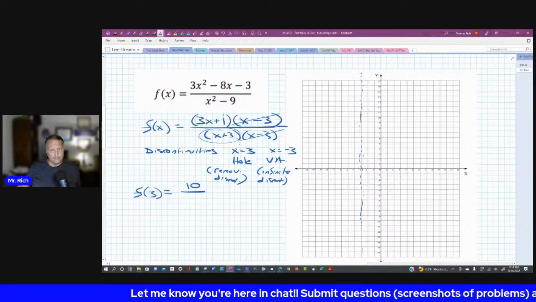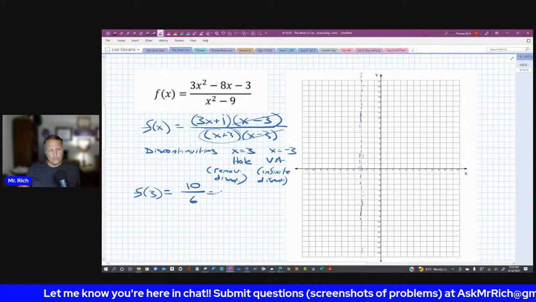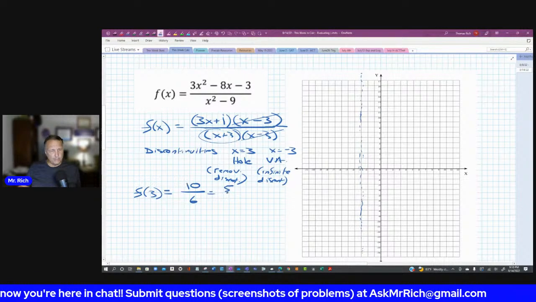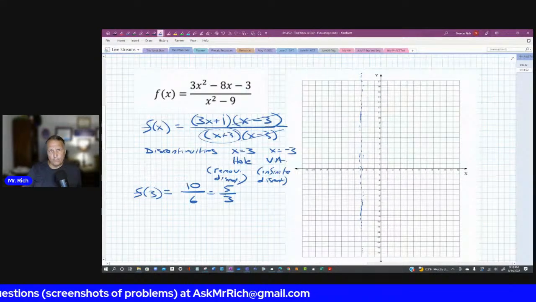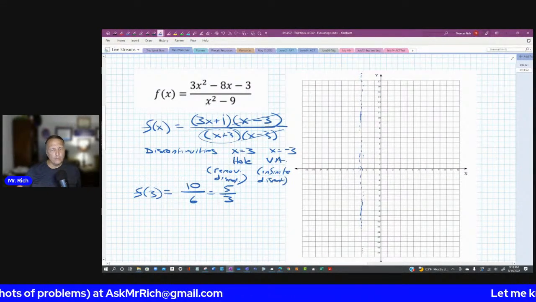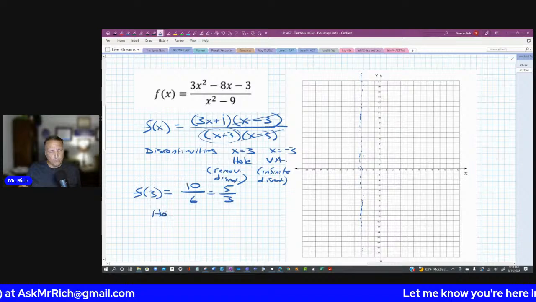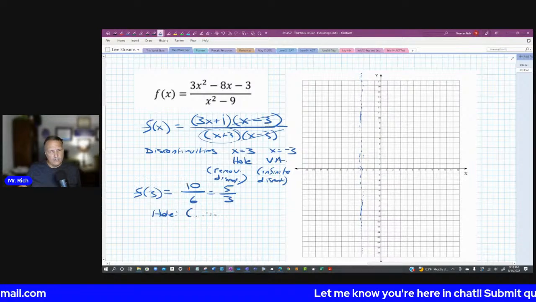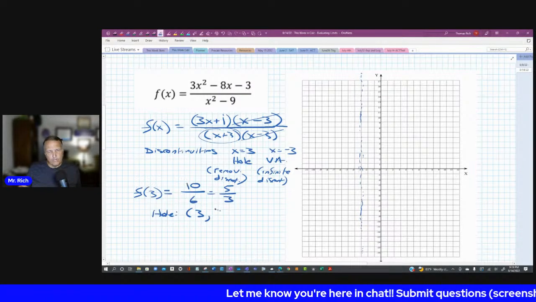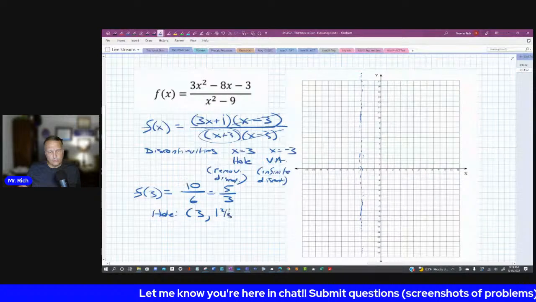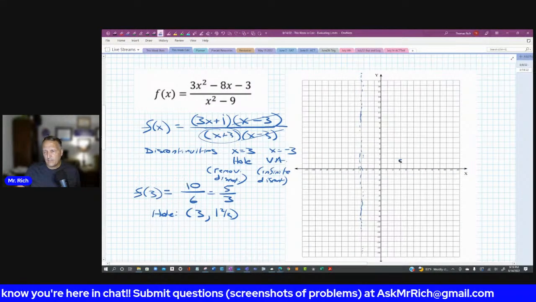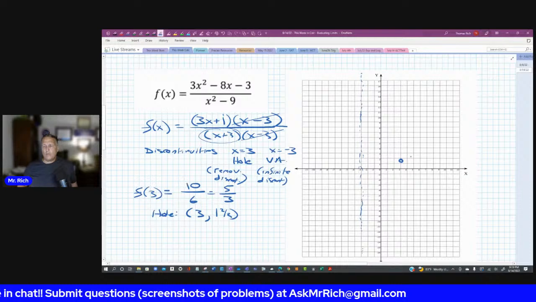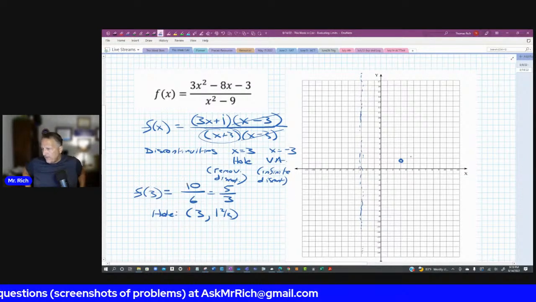So that's 10 with a 6 on the bottom. So that is going to be, what's that look like? 5/3. So about 1 2/3. So that means that my hole for this function is going to be located at 3, 1 2/3. So I'm going to plot that. So I have a hole located about there on that function.